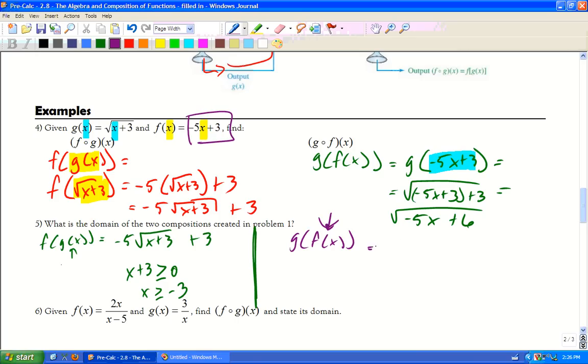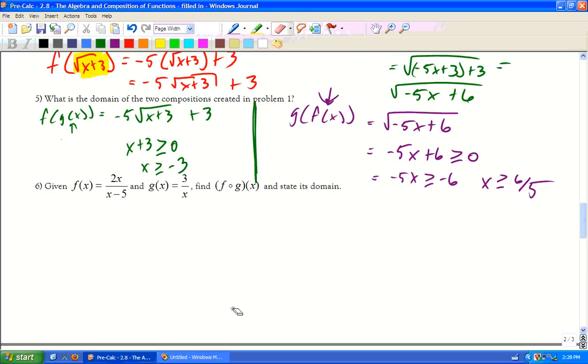When we input our f of x, what we're left with is the square root of negative 5x plus 6. Because of this, all we have to say is when is that square root going to be greater than or equal to 0? The square root of negative 5x plus 6 has to be greater than or equal to 0, which means that negative 5x has to be greater than or equal to negative 6, which means that x has to be less than or equal to 6/5.